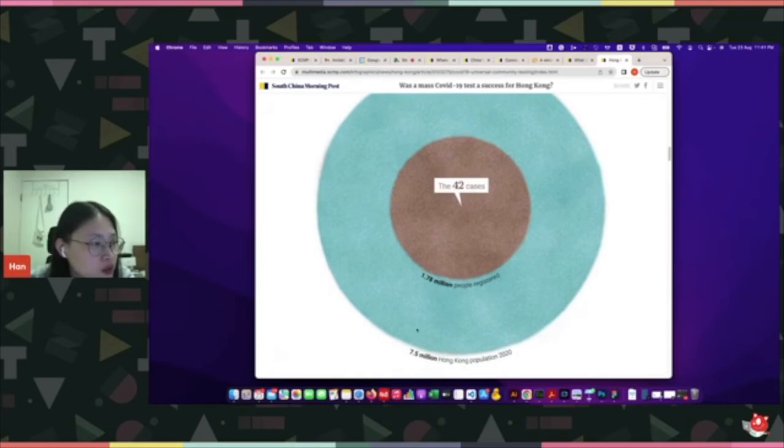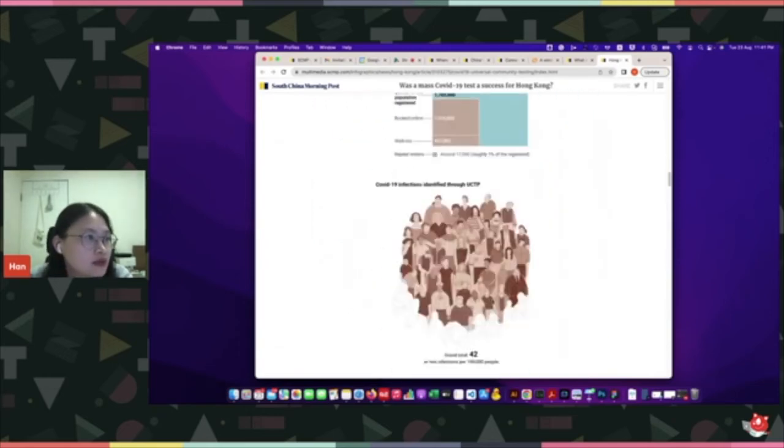And if you compare it with the total population in Hong Kong, which is 7.5 million, that's even tinier than you have seen before. So people will raise the question whether it's worthy to launch mass tests in Hong Kong. If you feel interested in this project, you can scroll down after the talk.